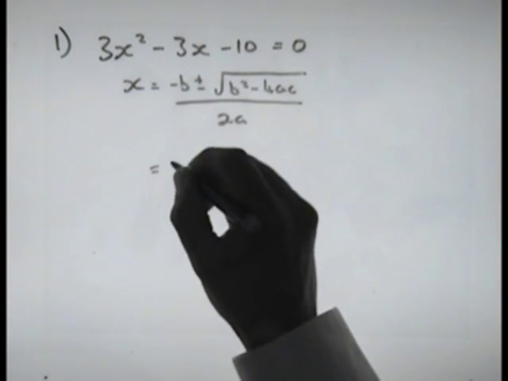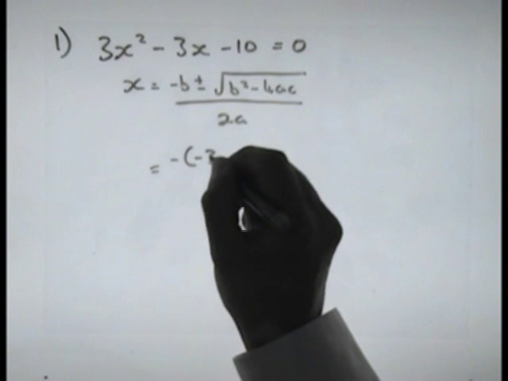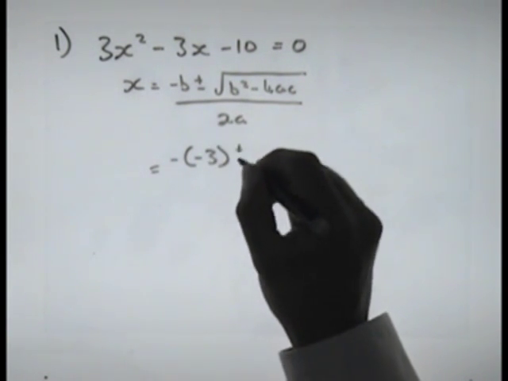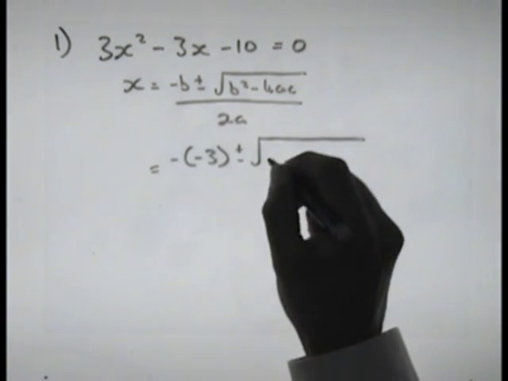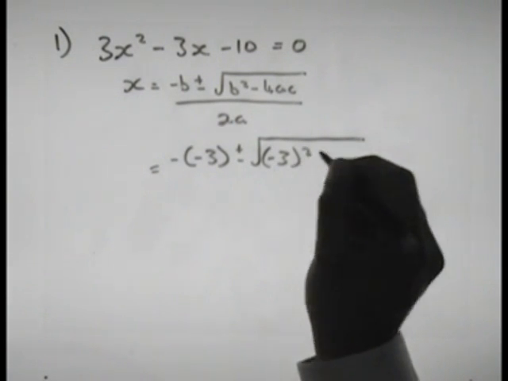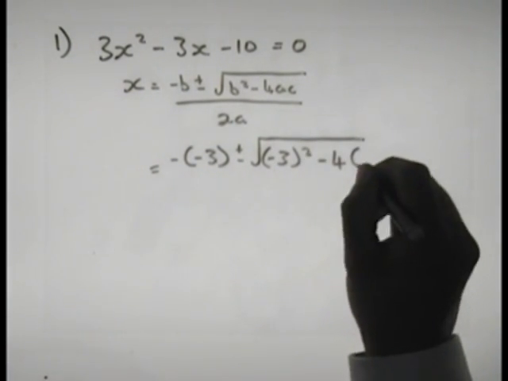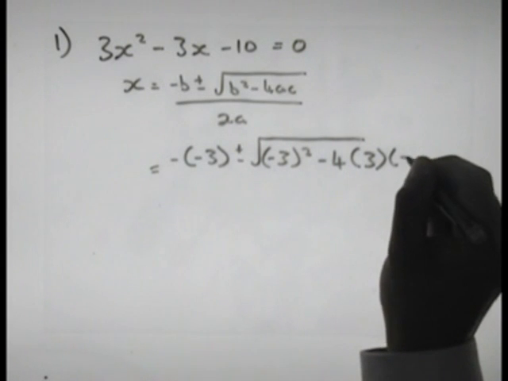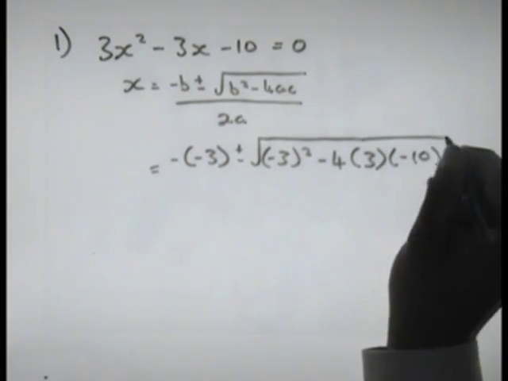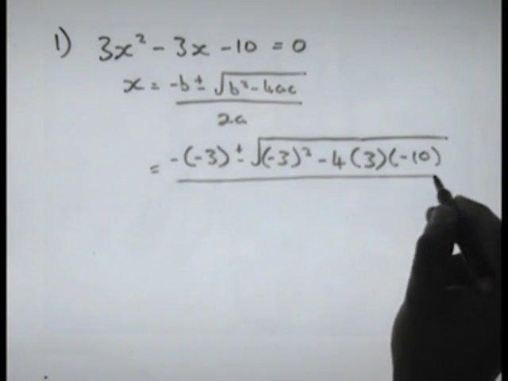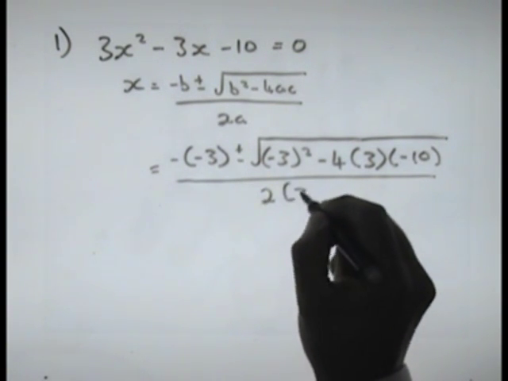My b value is minus 3, so we have minus 3 plus or minus the square root of minus 3 squared minus 4ac, divided by 2a, which is 2 times 3.